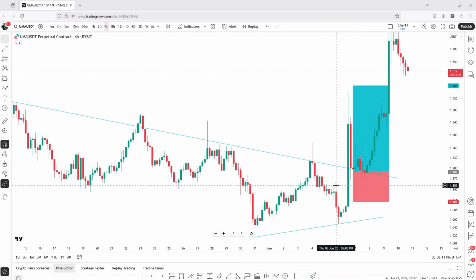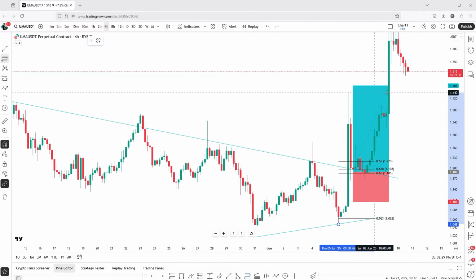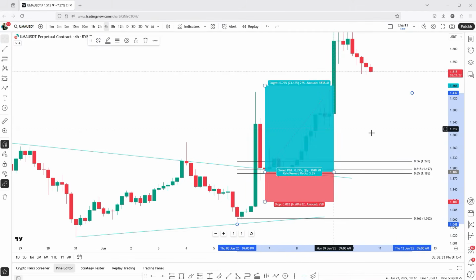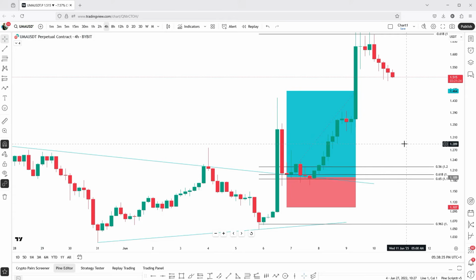Now, to get more confirmation, I use the Fibonacci retracement tool. You can find your Fibonacci retracement tool in your TradingView drawing options. So I bring in my Fib level, and I take it from the lowest point to that highest point there. This is one of the templates of the Fibonacci tool that I use.